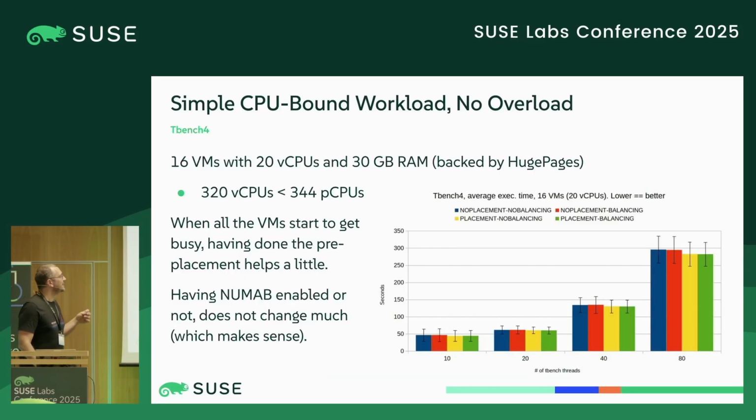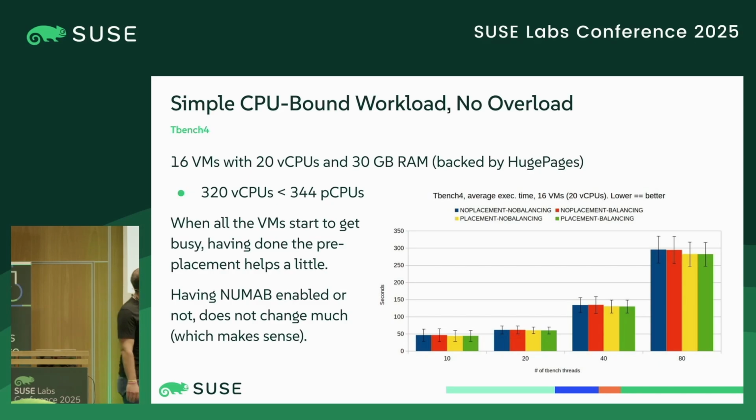But still, a CPU-bound workload, so no memory involved, let's say, at least as an approximation. The host is not oversubscribed because we have in total 16 VMs with in total 320 vCPUs, but we have different loads because we are running different numbers of threads inside of the VMs of this benchmark.